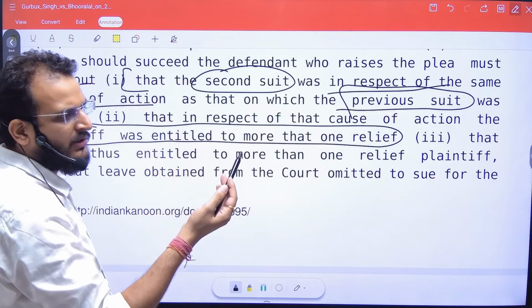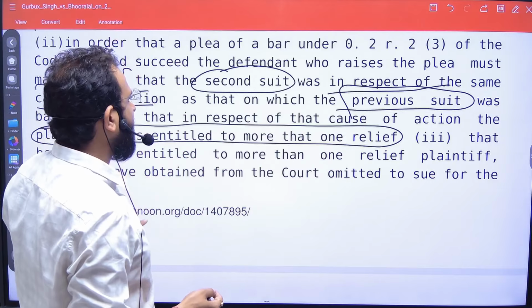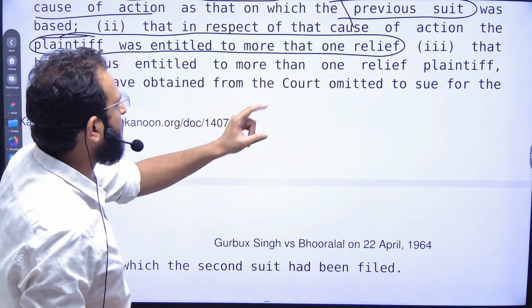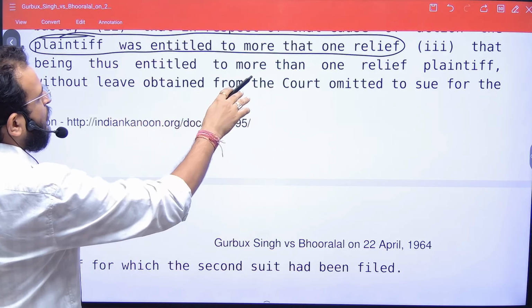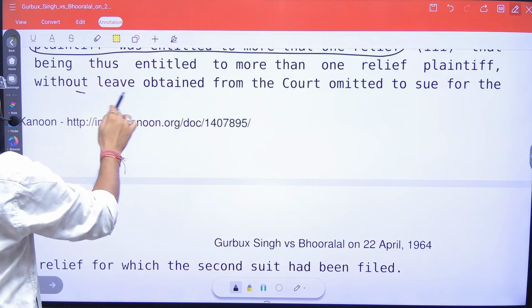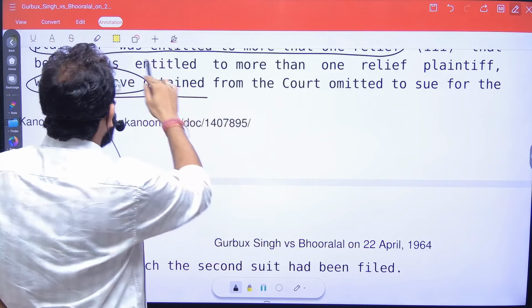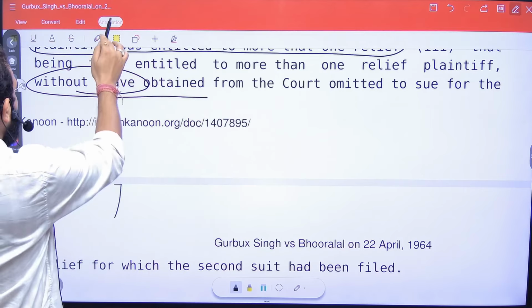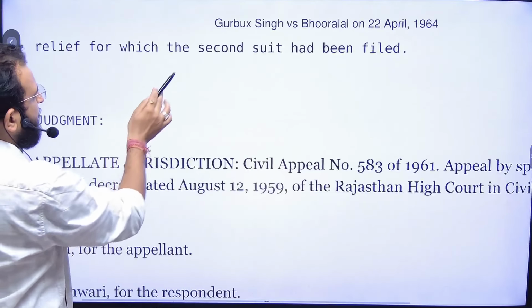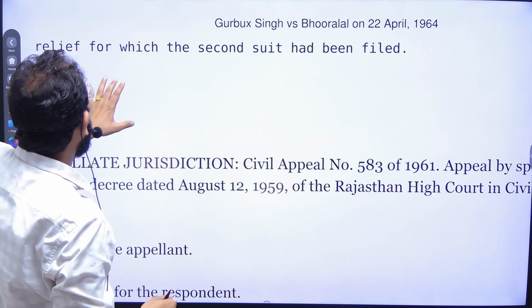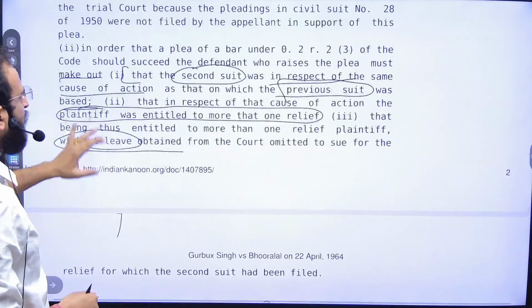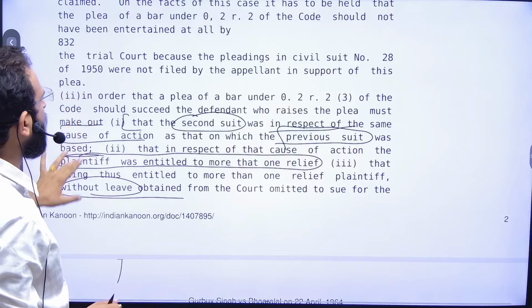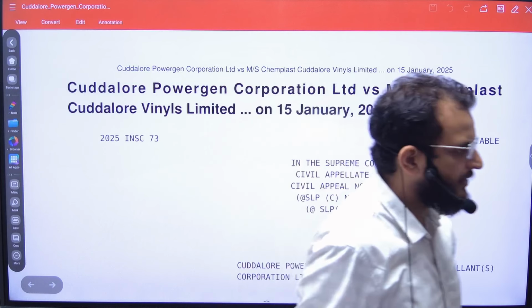At the earlier suit, when he was contesting, the plaintiff was entitled to more than one relief. Number 3, that being thus entitled to more than one relief, the plaintiff, without leave obtained from the court, omitted to sue for the relief for which the subsequent suit had been filed. So these are the 3 points which we have to see as far as the application of Order 2 Rule 2 is concerned.